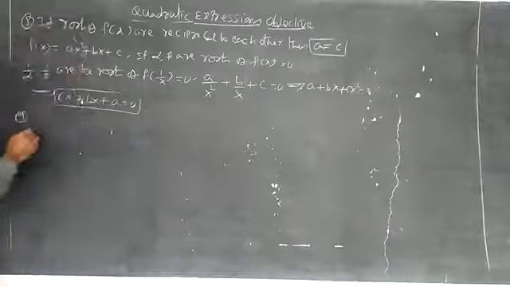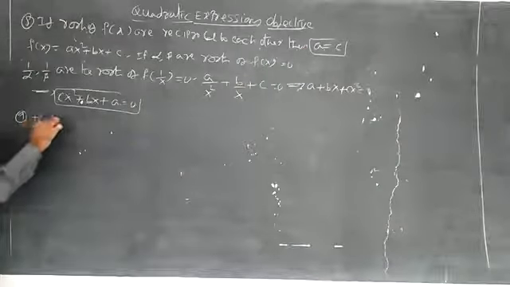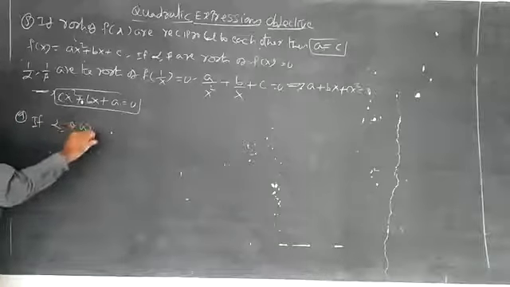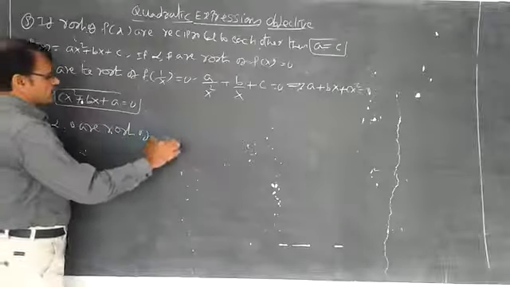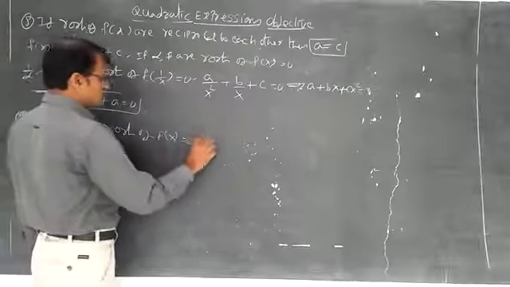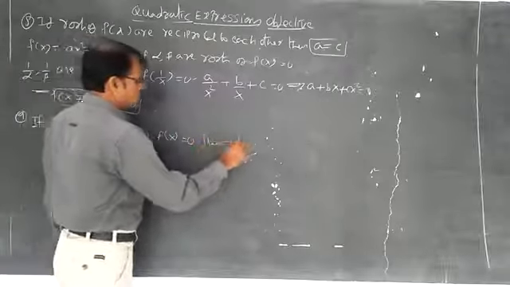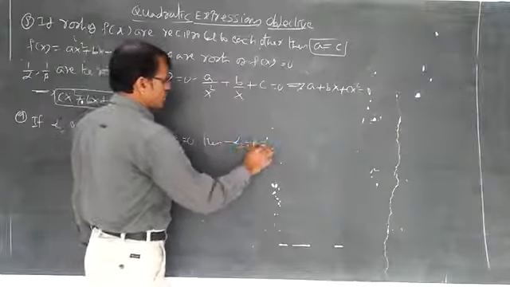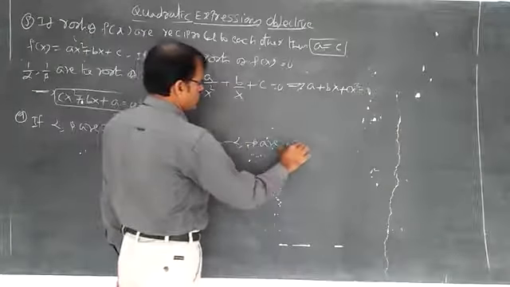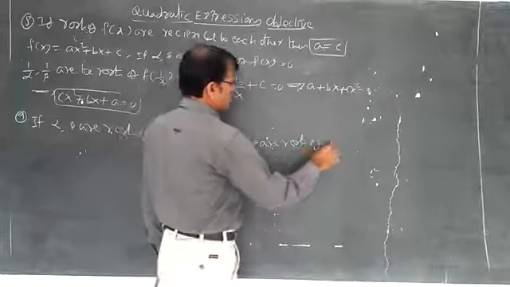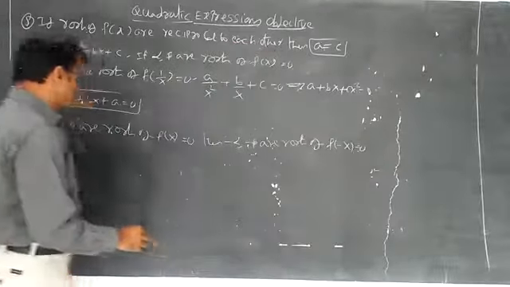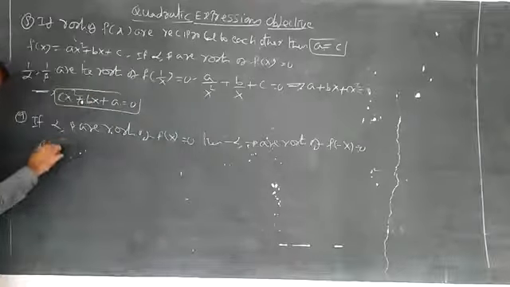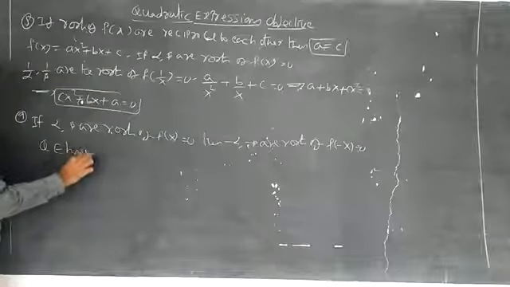Next, ninth formula. If alpha and beta are roots of f of x equal to 0, then minus alpha and minus beta are roots of f of minus x equal to 0. This is called the QE having negative roots.